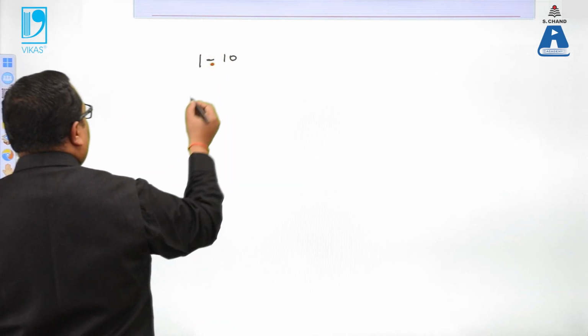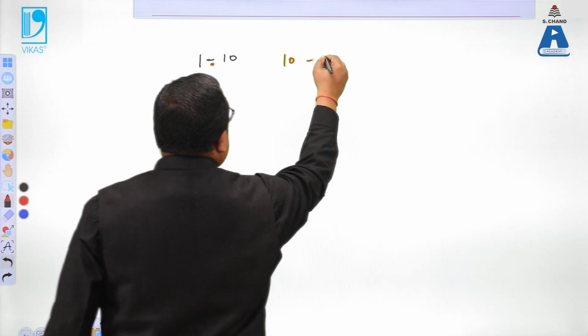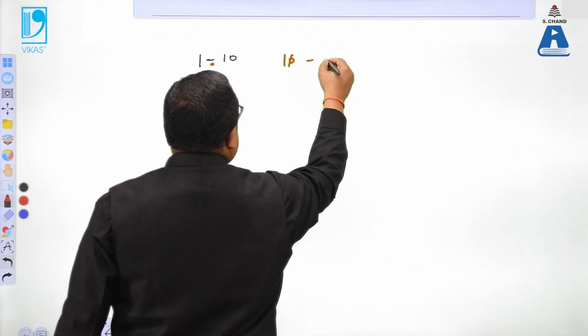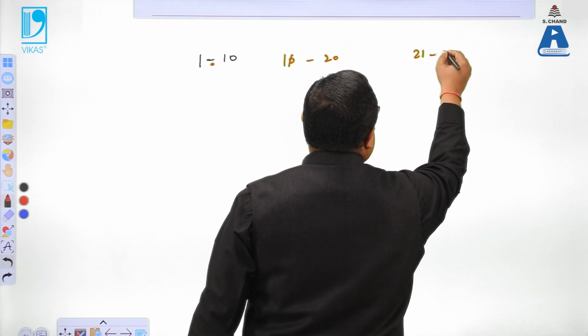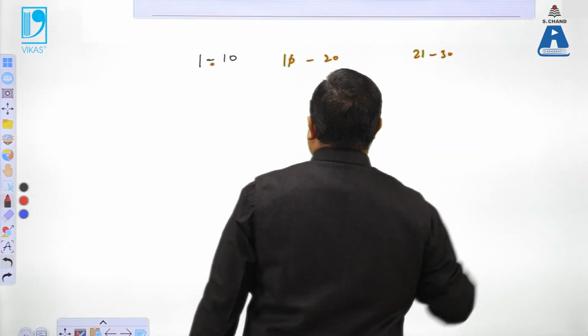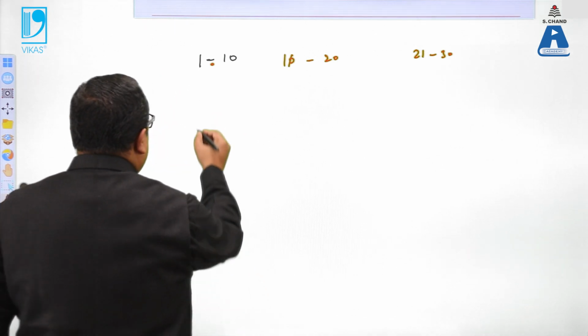So look here. In a classroom, from roll number 1 to roll number 10, from roll number 11 to roll number 20, and from 21 to 30, this is the case. From 1 to roll number 10, they play football.